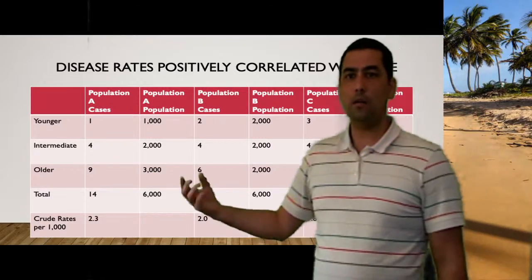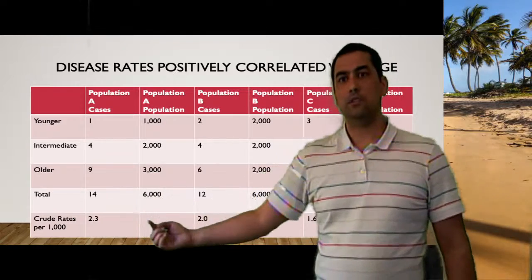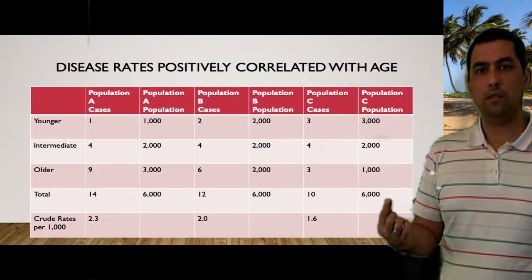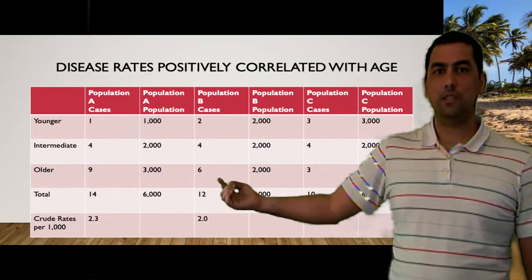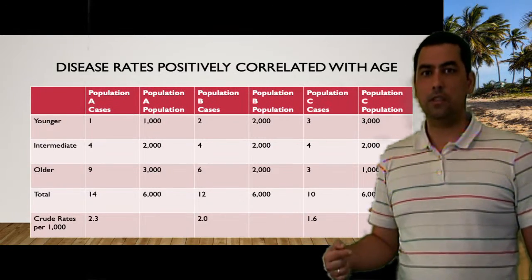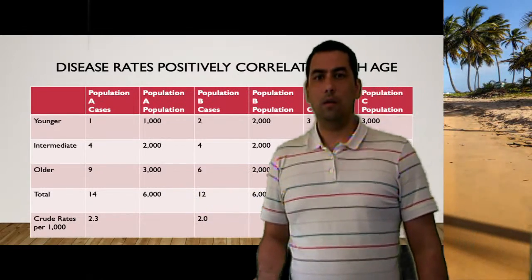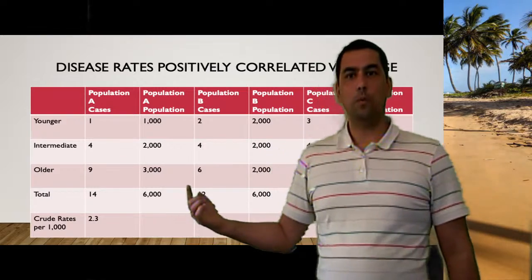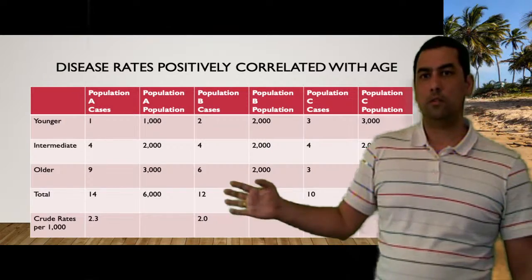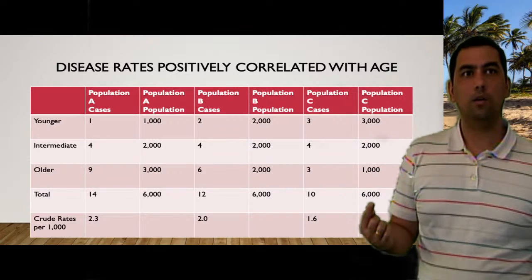But you have more older people in population A, 6,000, than in population C, where you have 1,000 older.